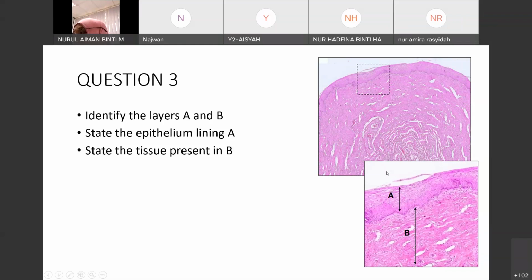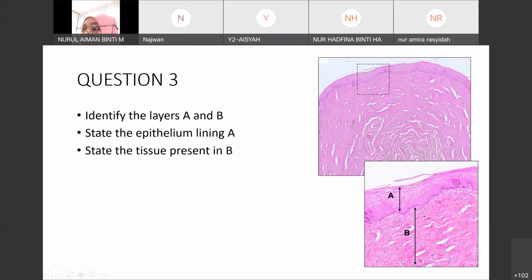So this one we enlarged into the higher power field and it comes with 2 layers. What are the layers of A and B? What do you call layer A? Anyone? We have discussed just now. Mucosal, yes, very good. Mucosal layer.